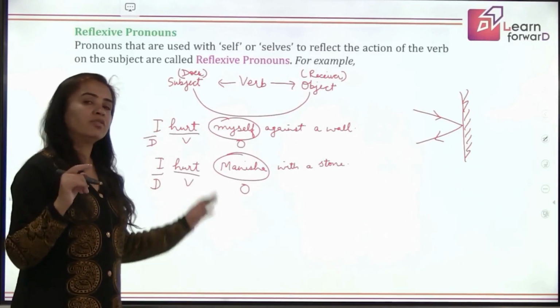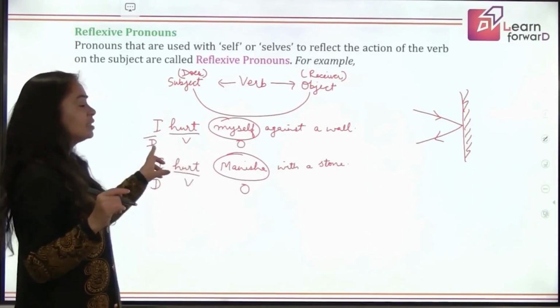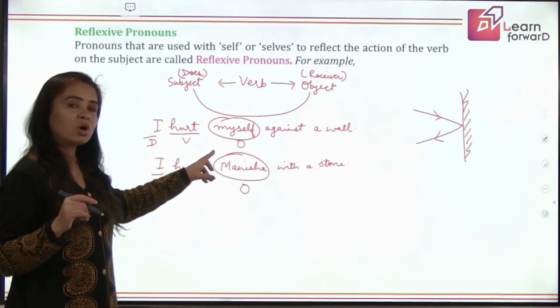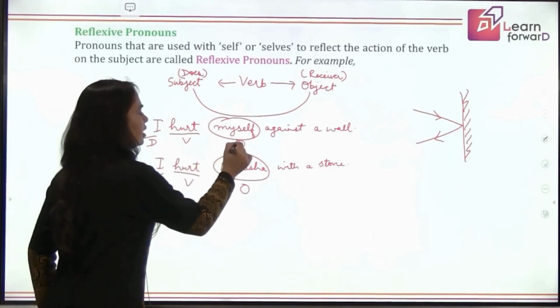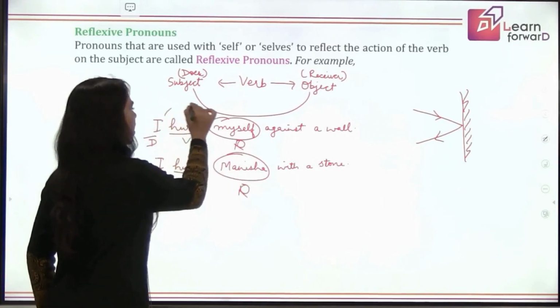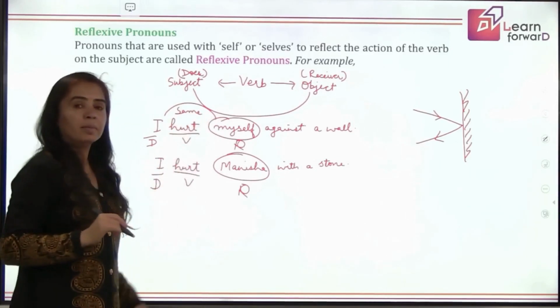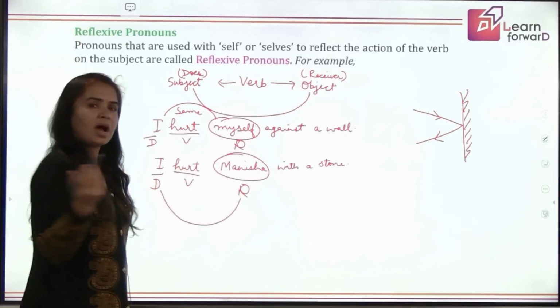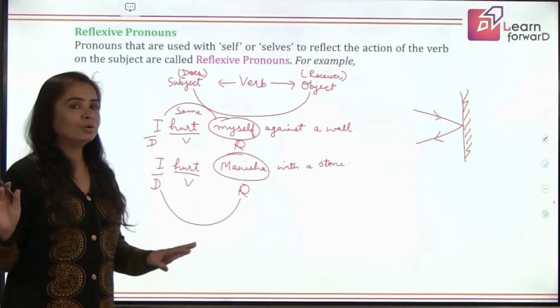Now look at the first sentence. Is the doer the same as receiver? Is it the same as object? Is the doer same as receiver of action? They are same. Right? But in the second sentence, do you mean to say I and Manisha are same? No, they are not.